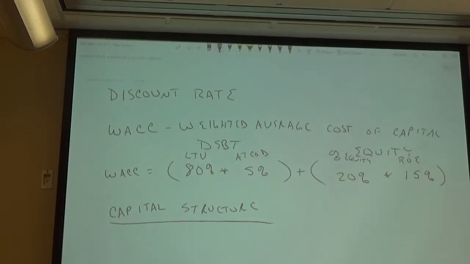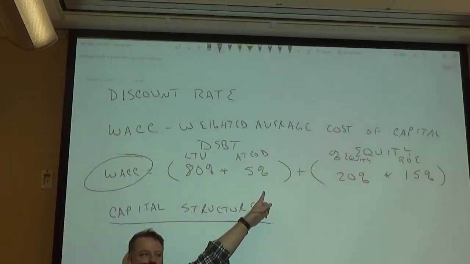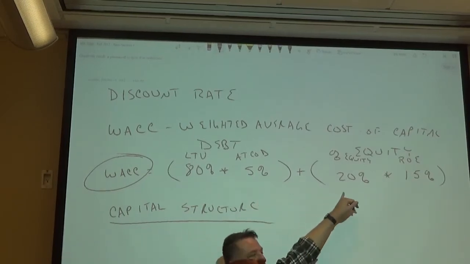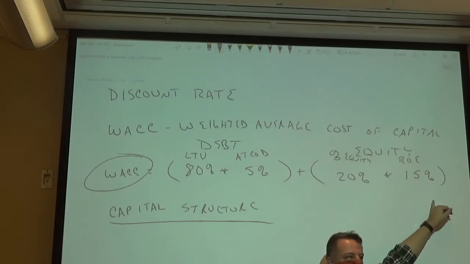Yes or no? Okay? So, what that means is to get this weighted average cost of capital, we've got to do this math. We're basically saying that 80% of the project is being financed with a cost of 5% debt. The remaining 20% of the project is being financed with a 15% cost of equity.